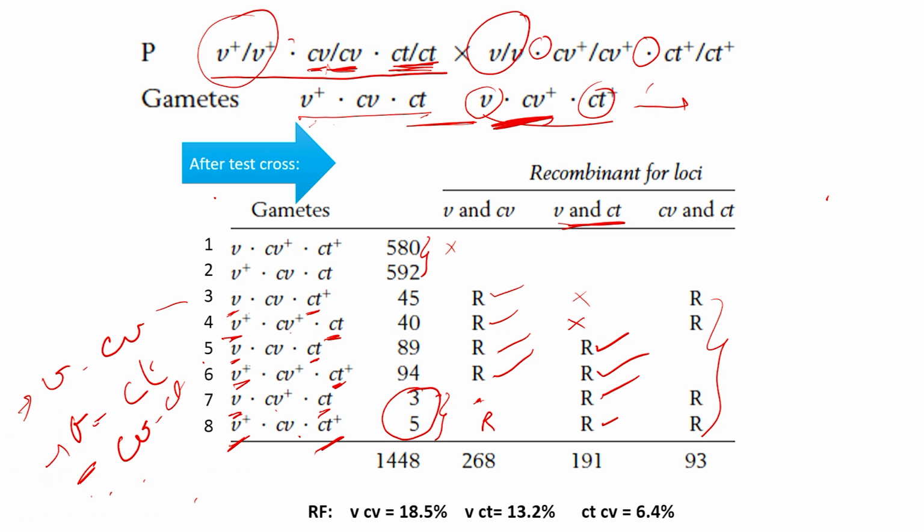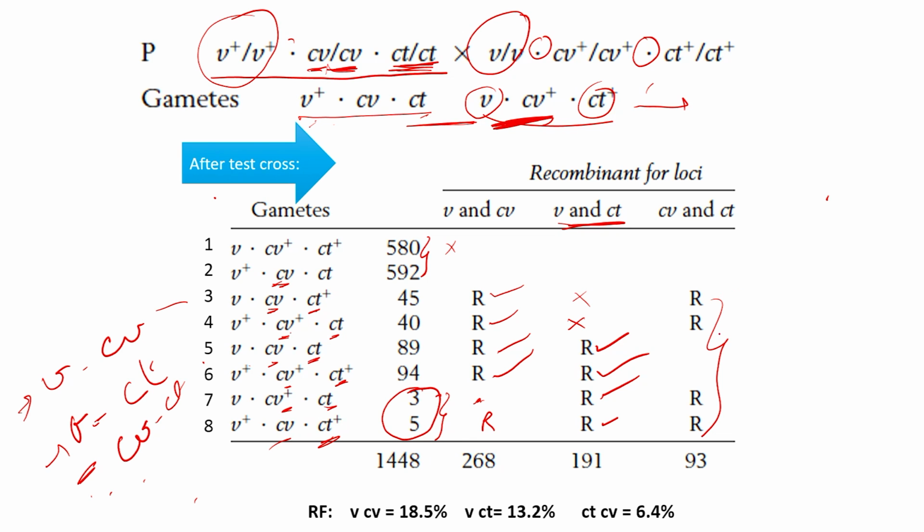So, that is how we look at different gene sets at a time, and then try to understand which ones are recombinant and which ones are not, right. Same you do with CV, CT, just look at CV and CT, not in a parental type, and then identify if they are parents or recombinant, right.